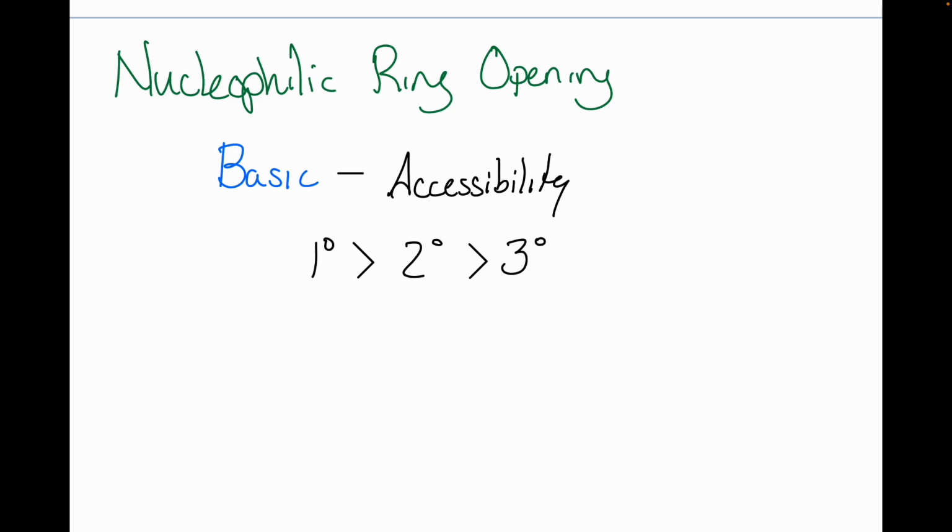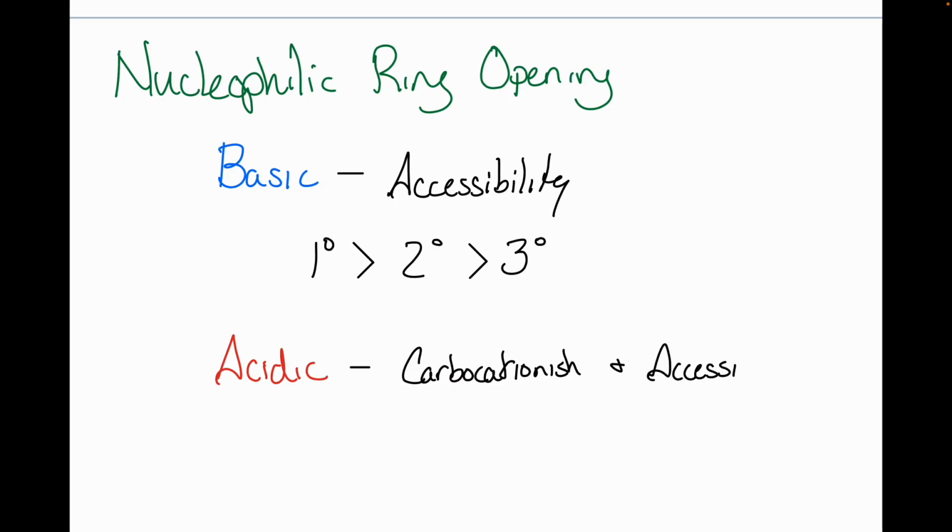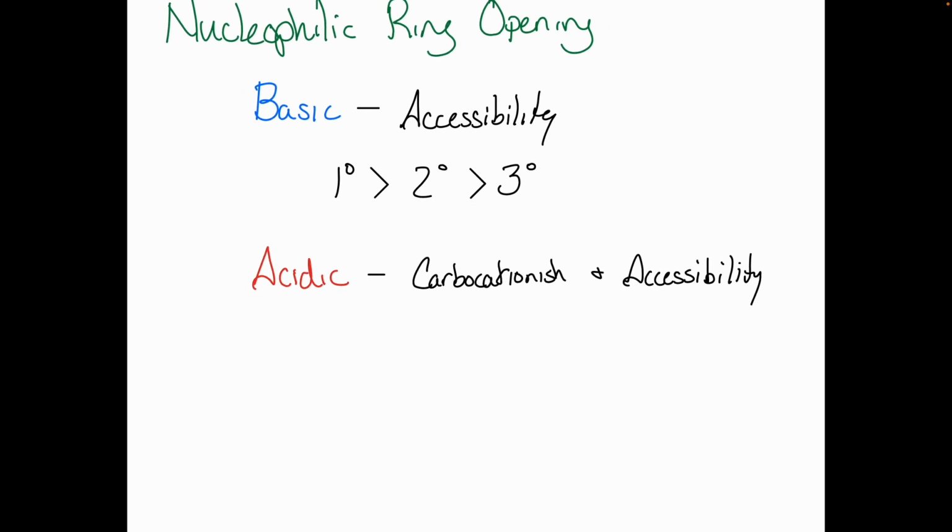But under acidic conditions, we have that carbocation-ish intermediate and the accessibility argument to worry about. That carbocation-ish intermediate only applied to those tertiary carbons.